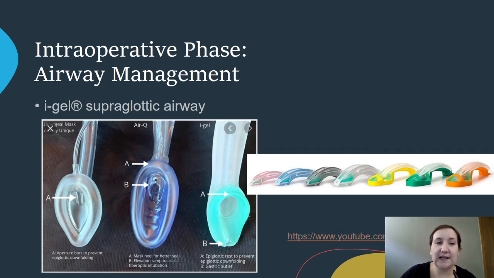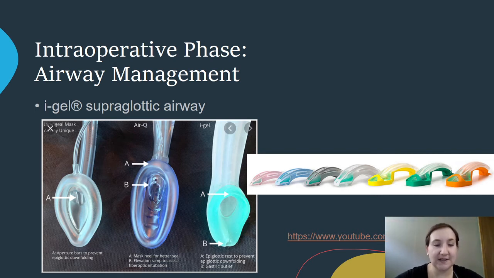And then the eye gels. What I'm showing you here is the LMA on the far left, but the eye gel is over on the far right.